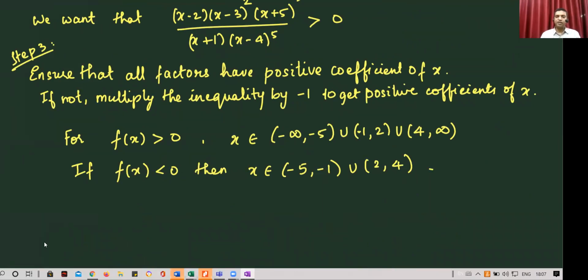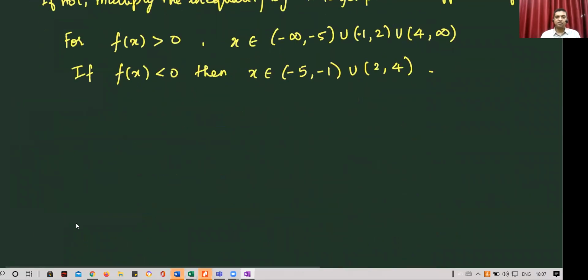Now I'll give quadratic. I want you to do quadratic expressions also exactly like this.